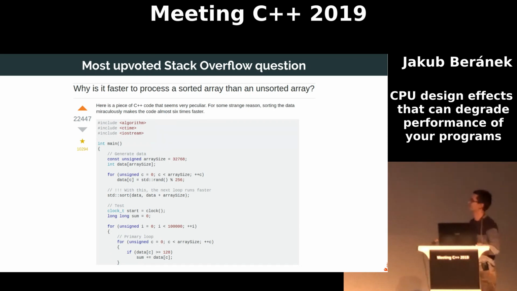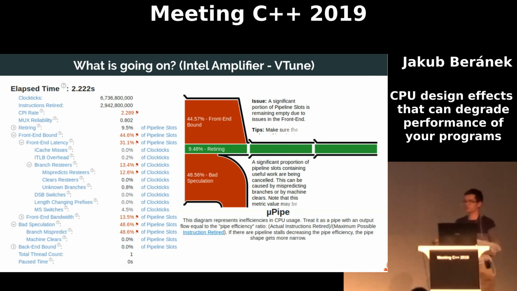And if you have no clue what is happening, if you didn't see this Stack Overflow question when you were randomly clicking links on Stack Overflow, you can use some kind of a profiler. If you are a student or if you have a lot of money, you can use this very nice tool from Intel, which is called Intel Amplifier, or also VTune. If you run microarchitecture exploration, so we are interested in microarchitecture and we want to explore it, it will show you this nice table which tells you which little box inside the microarchitecture might be causing problems in your program.